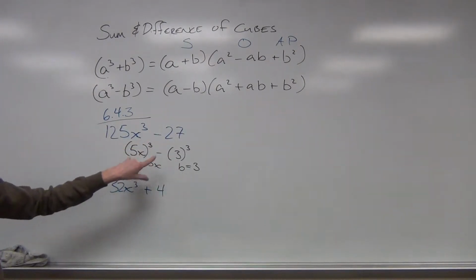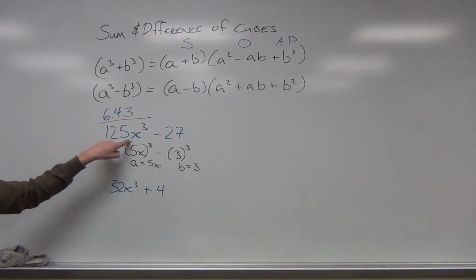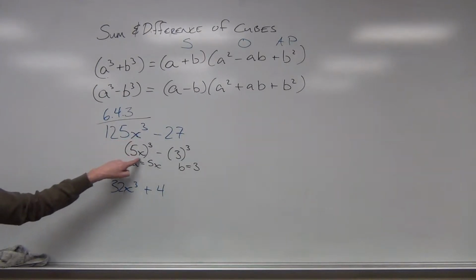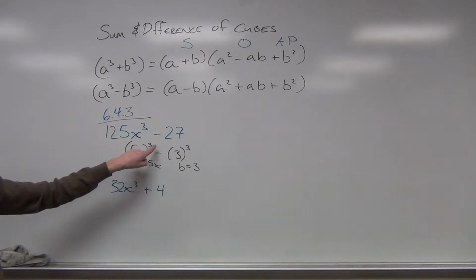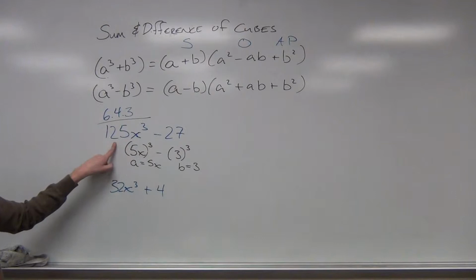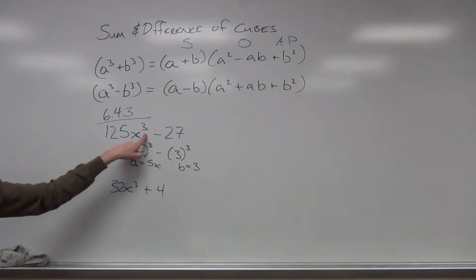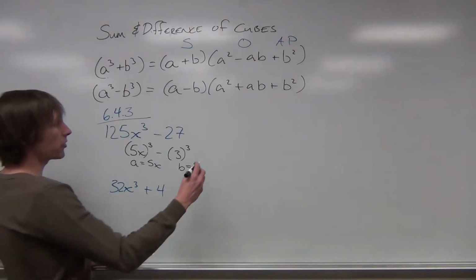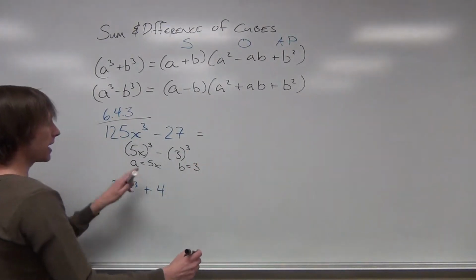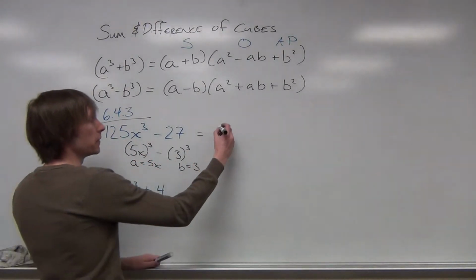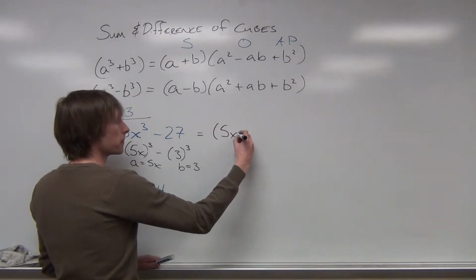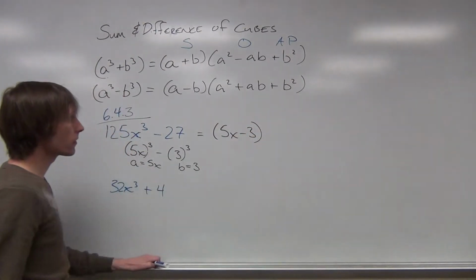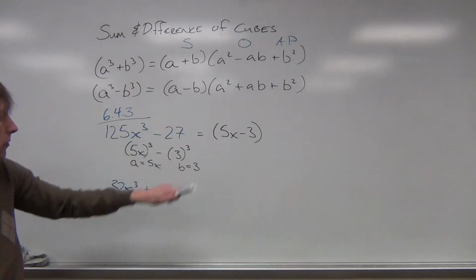All right, notice my parentheses, that's important. 125x cubed is equal to 5x quantity cubed. It's 5 times 5 times 5 and x times x times x. All right, so this is A and this is B. So when I factor this, I'm going to have A minus B. That's going to be my first pair.